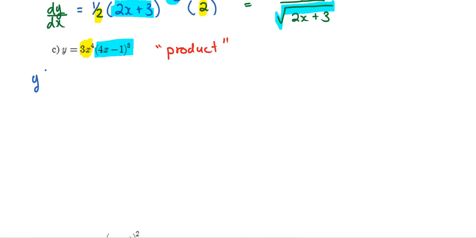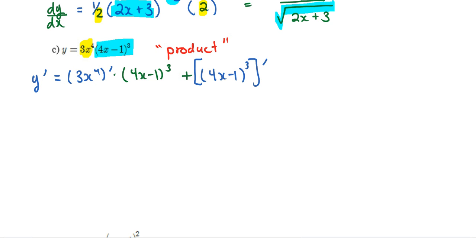So this is y prime. When we're applying the product rule, we need to take the derivative of the function highlighted in yellow first. So I'm going to write this as (3x^4)' times (4x - 1)^3, plus the derivative of the function highlighted in blue, so ((4x - 1)^3)', multiplied by the yellow function, which is 3x^4.